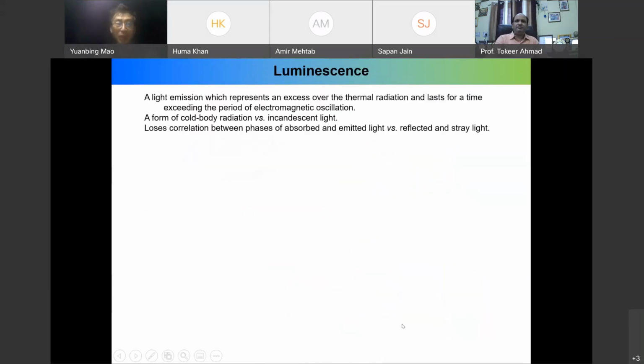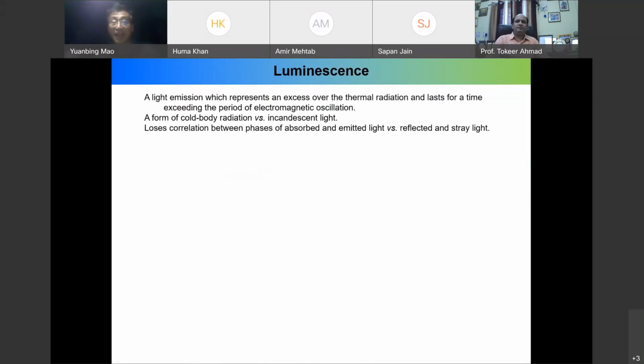Then we need to get back to the fundamentals. What is luminescence? By definition, luminescence is light emission which represents an excess over thermal radiation. So luminescence is not thermal radiation.